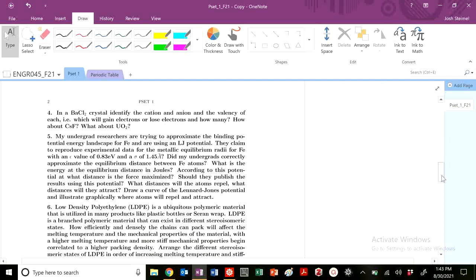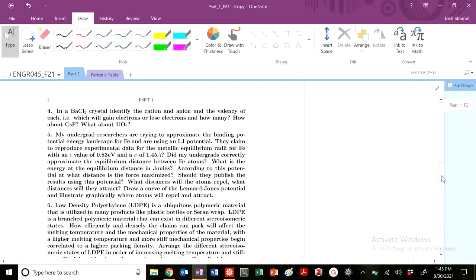Excellent. In a BaCl2 crystal, identify the cation and the anion and the valency of each, which will gain electrons, lose electrons. So BaCl2. Again, I can look it up, but I know that chlorine needs 1 electron to complete its electronic structure, so Ba is going to give up electrons. Ba is the cation, 2+, Cl is -1, and I know that I need 2 of these in order to grab those.